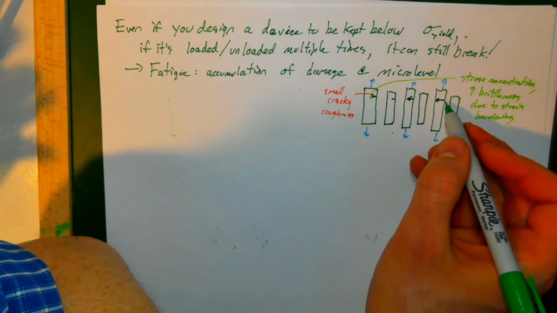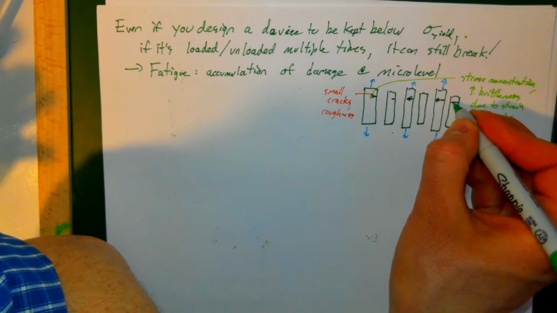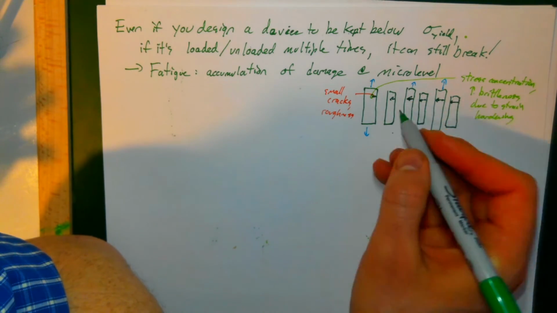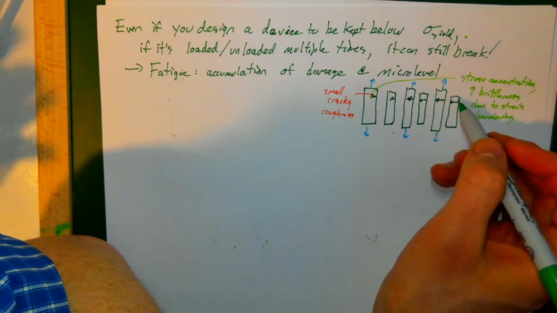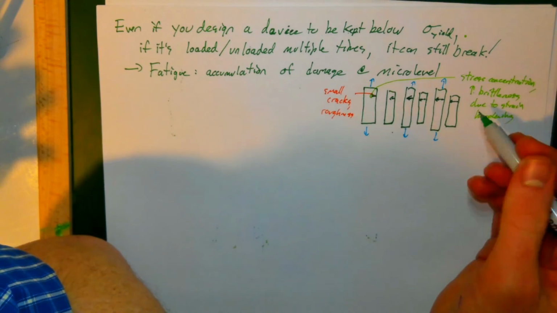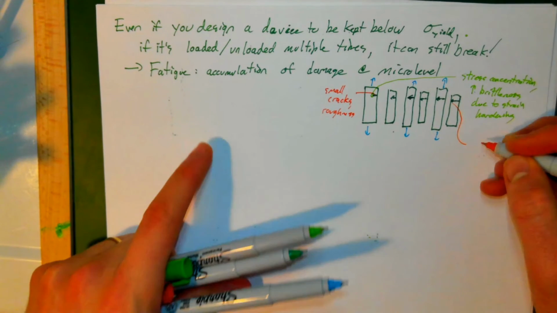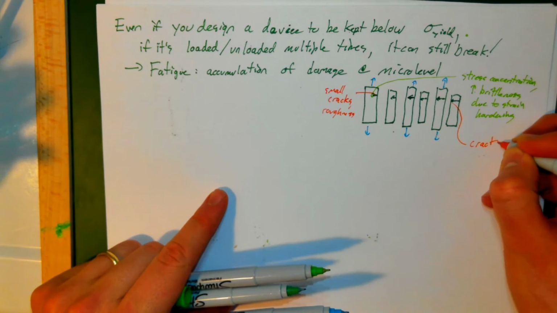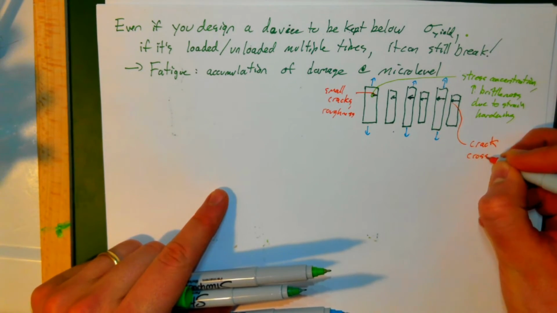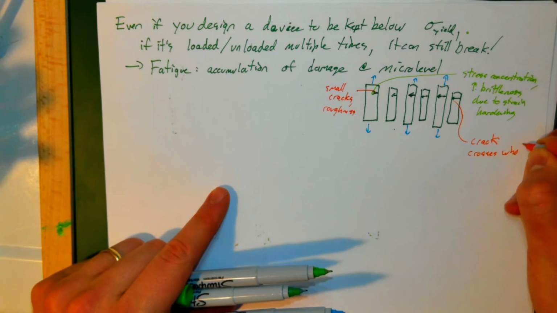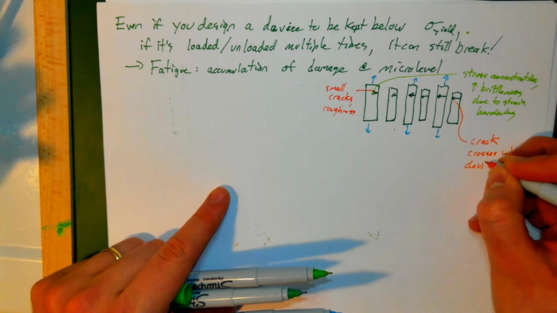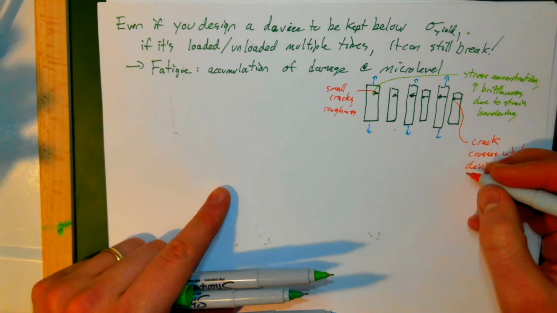I'm exaggerating it here, but every time you stretch it out, that crack gets opened more and more. And then eventually it crosses the whole device, and you get a catastrophic failure.